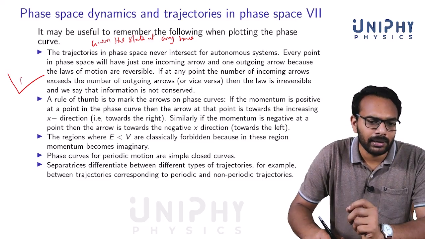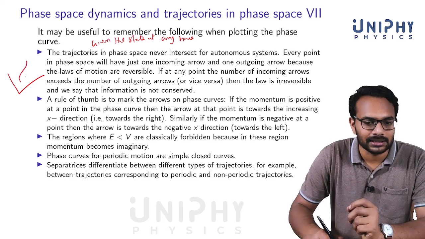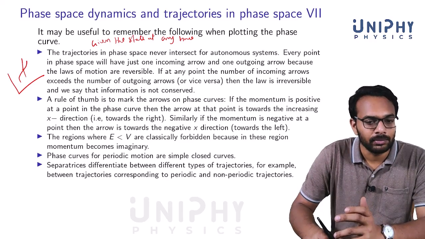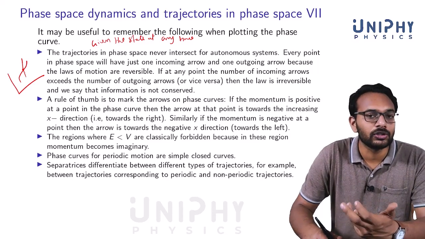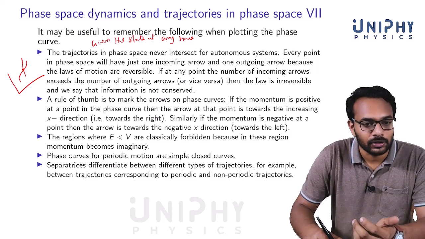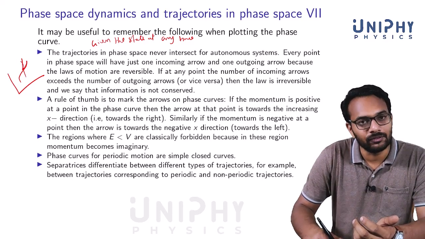Now imagine two phase space trajectories intersecting like this. This point is a problematic point, because if the state at this point is given, we don't know what its past is or what its future is. It could be this or it could be this. This means that the evolution in phase space is not unique.